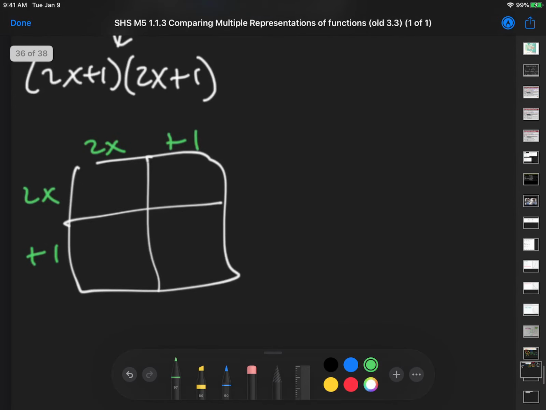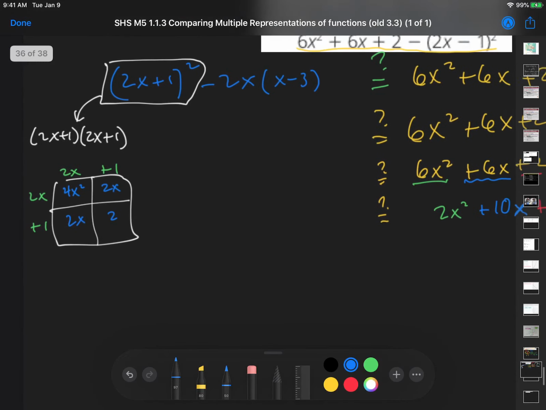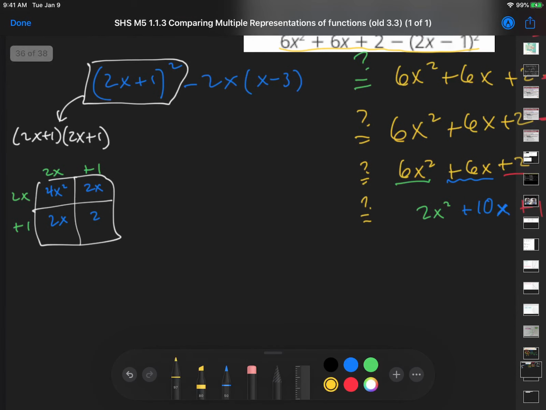Just go ahead and multiply here. So 4x squared, 1 times 2x is 2x, and 1 times 1 is 1. So again, we multiplied, and then we're going to just combine like terms. So I get 4x squared plus 4x plus 1.